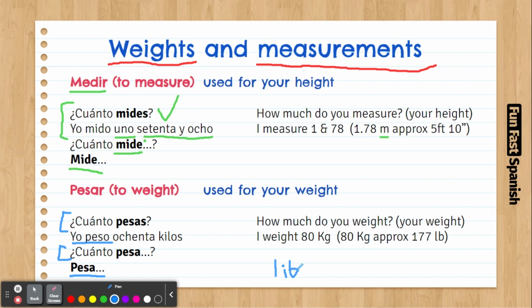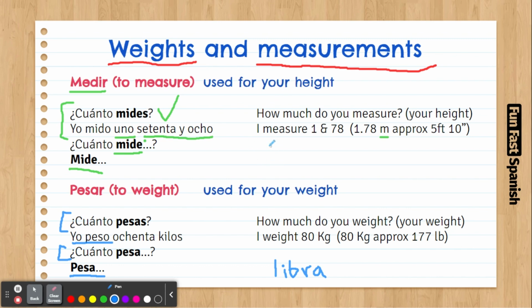By saying cuánto cuesta el kilo or cuánto cuesta la libra, you're going to get the price. And so let's say the fish. ¿Cuánto pesa el pescado? How much does the fish weigh? El pescado pesa 2 libras. 2 libras is nearly a kilo. That's it. So there you go, your fish.